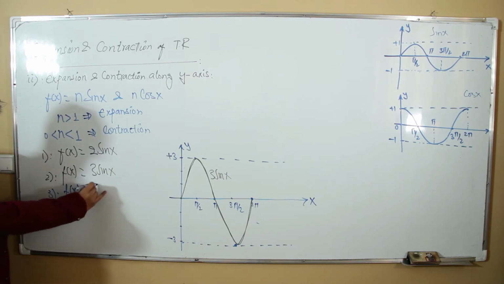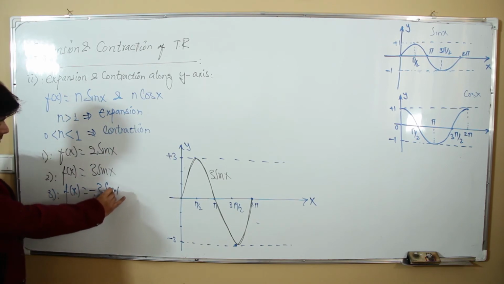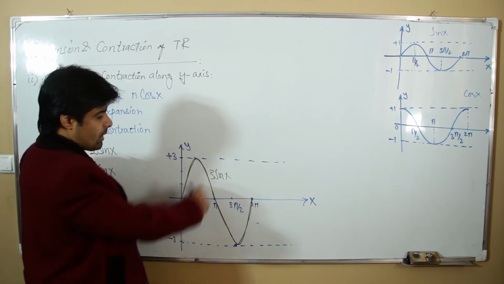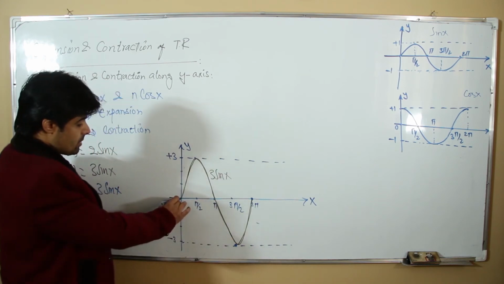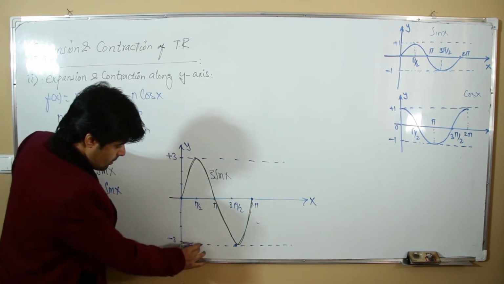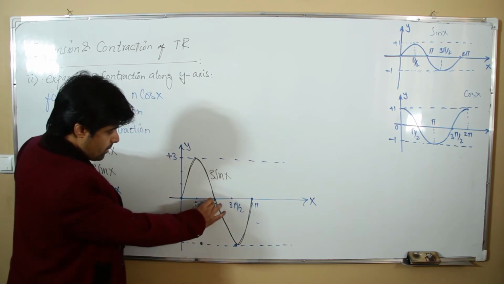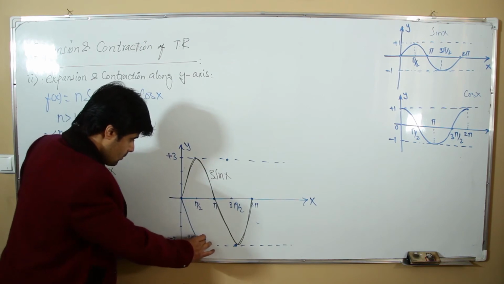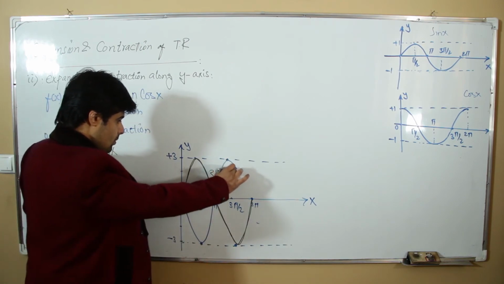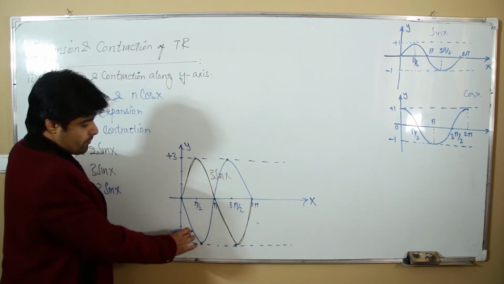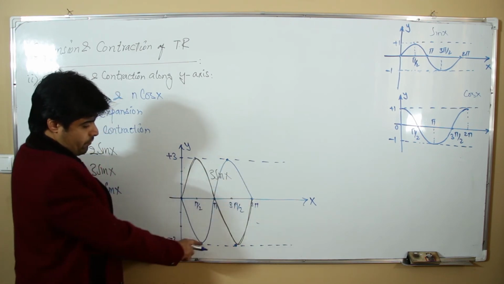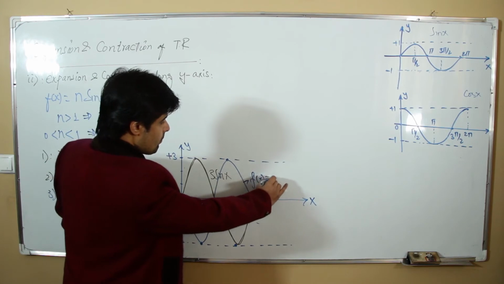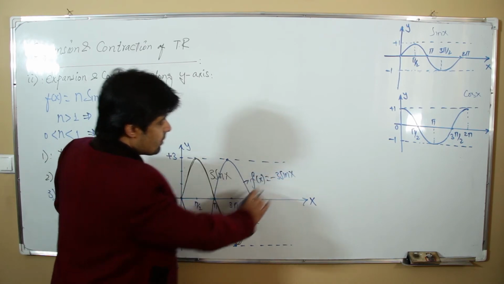If we have this one, f(x) = minus 3 sin x, now the same, but it should be inversed along the x-axis. It means the graph is, this is pi, this graph, this is our f(x) = minus 3 sin x.